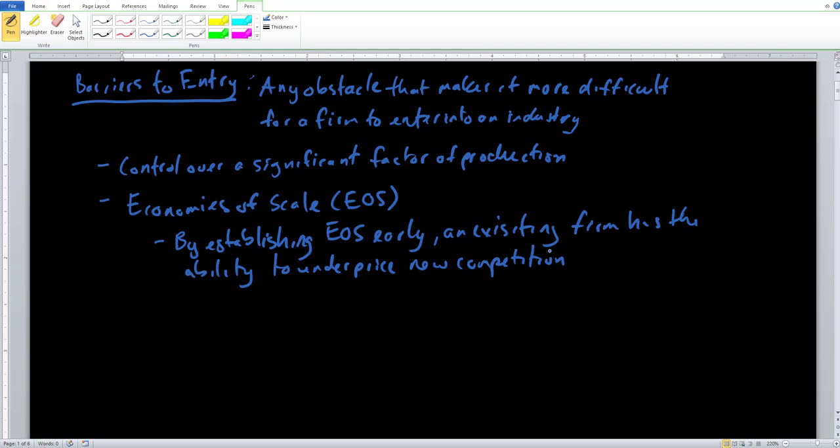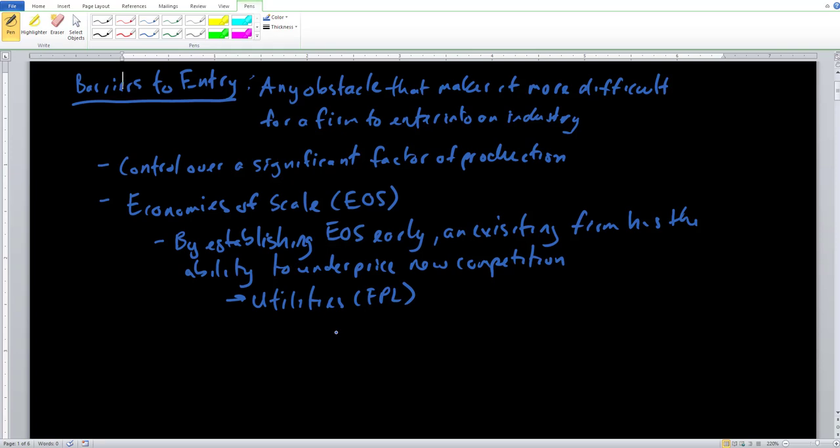And we see this a lot with utility companies. So this is the best example that we can think about. So utilities, primarily with FP&L. And we consider the economies of scale to denote a special kind of monopoly known as a natural monopoly, where it's better for the entire industry and the entire market to be serviced by one firm. But we'll get into that later on within this chapter.